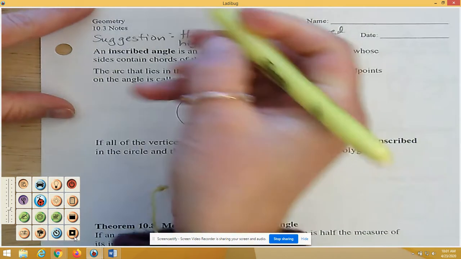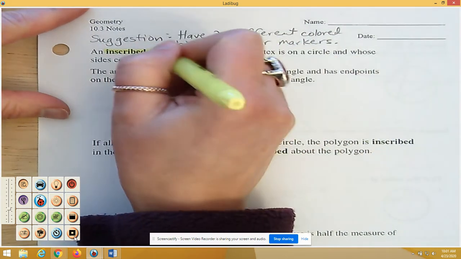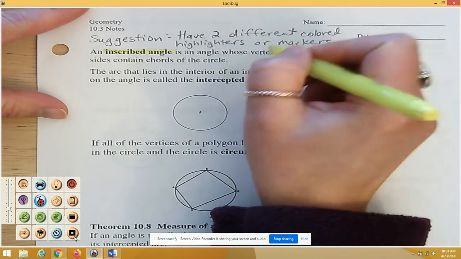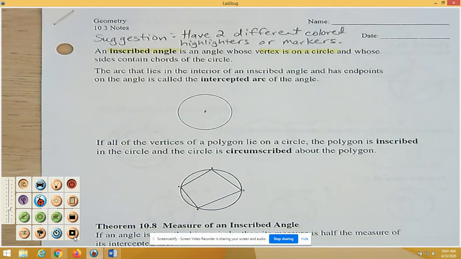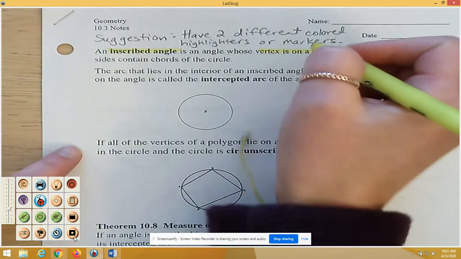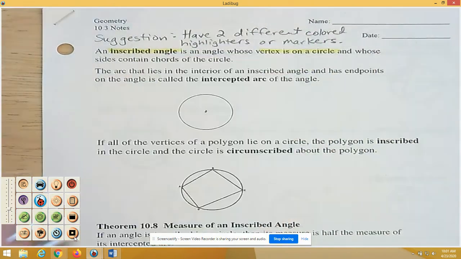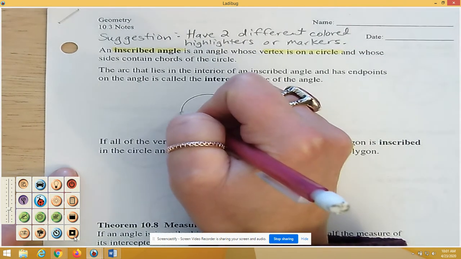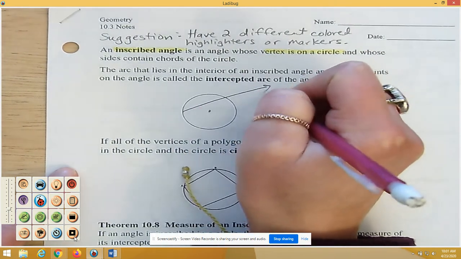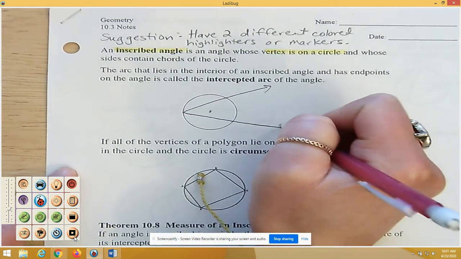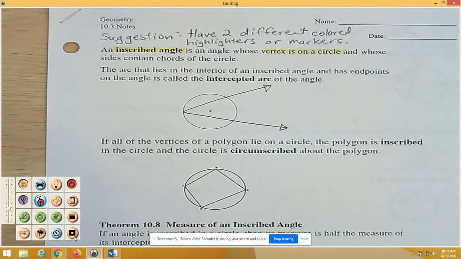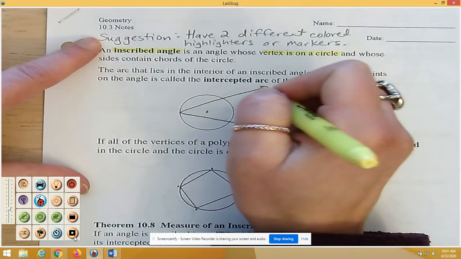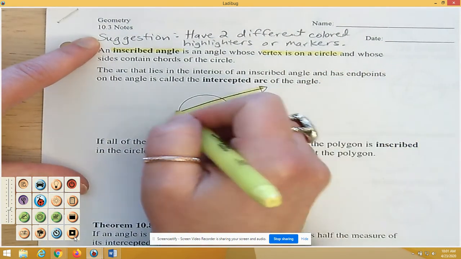An inscribed angle is an angle whose vertex is on the circle and whose sides contain chords of the circle. So it's on the circle and it contains two chords. So that's kind of not surprising. Anyway, I'm going to draw a ray from this point here and out that way. Okay, so the inscribed angle has the vertex on the circle.